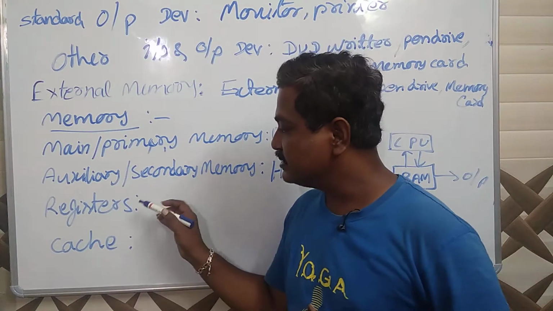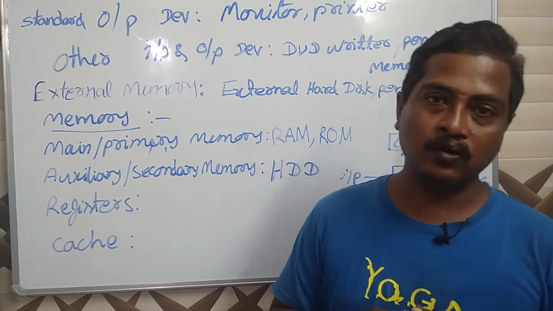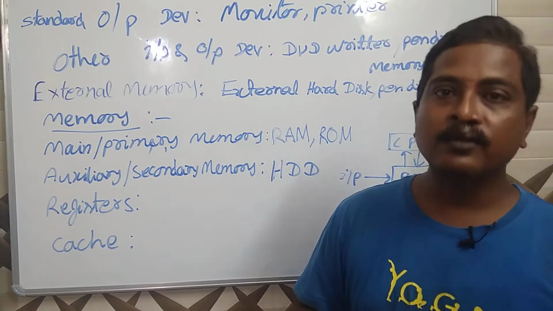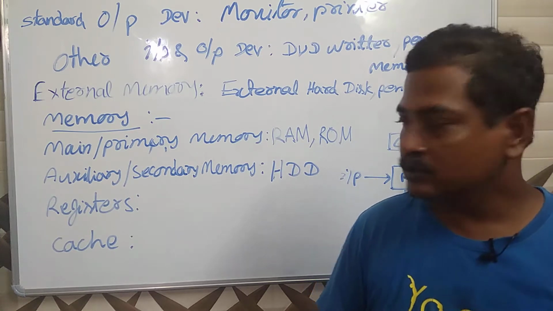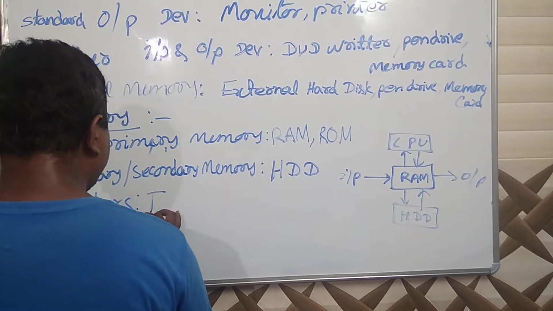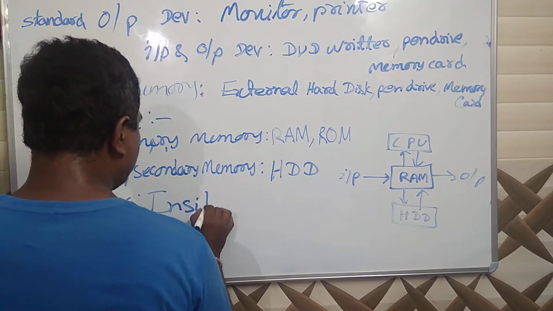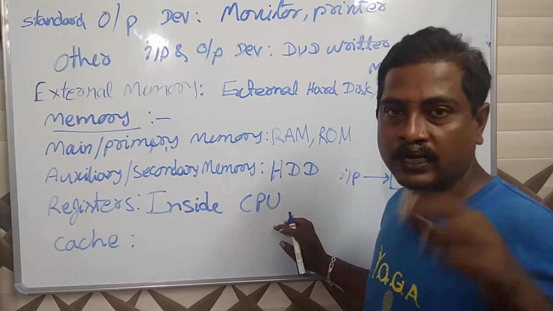They are registers and cache. What are registers? Registers are one type of memory only, but very small in size. Where are they used? They are used inside the CPU. In the CPU, we are calculating something.